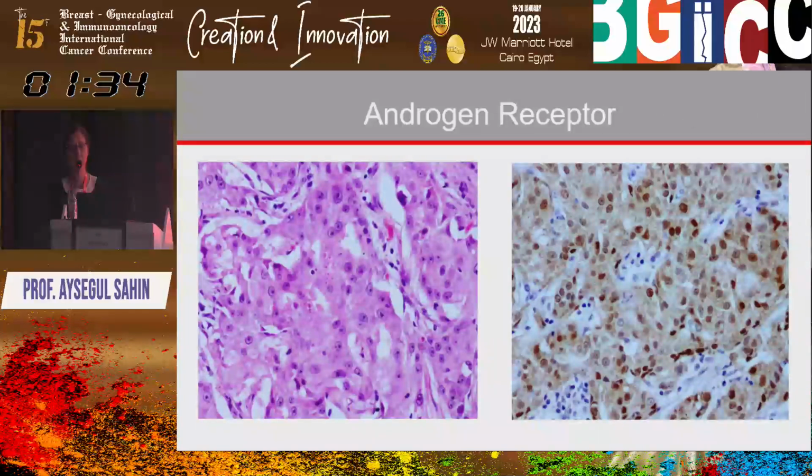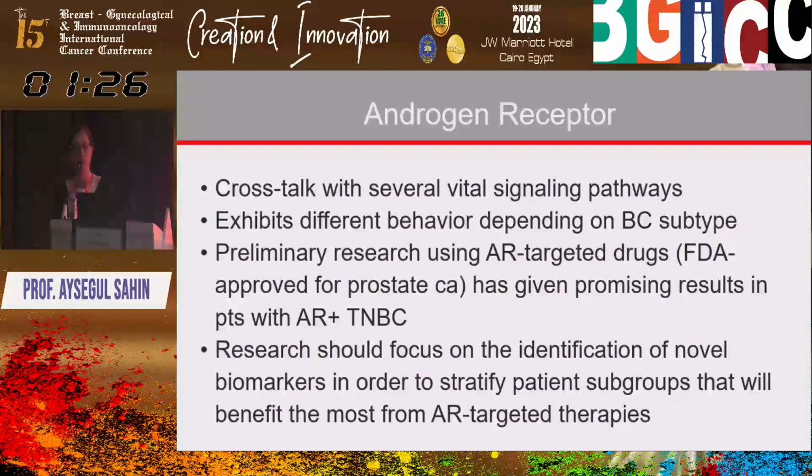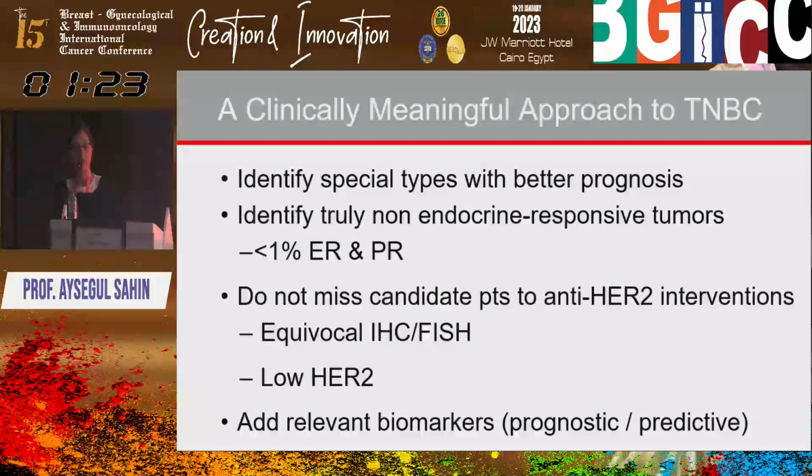So androgen receptor, we've used it as a therapeutic target in triple-negative breast carcinoma. In terms of clinically meaningful approach to classification of triple-negative breast carcinoma, we have to identify the special types with better prognosis, such as the salivary gland-like tumors and secretory carcinomas.